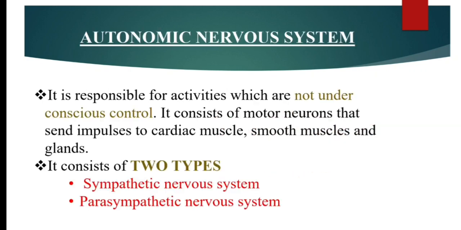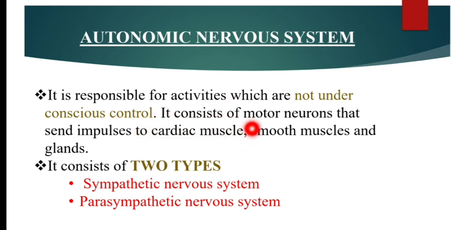Autonomic nervous system. It is responsible for the activities which are not under conscious control, which are involuntary, not under the control of our will. It consists of motor neurons that send impulses to cardiac muscles, smooth muscles and glands. Cardiac muscles are present in the wall of heart.